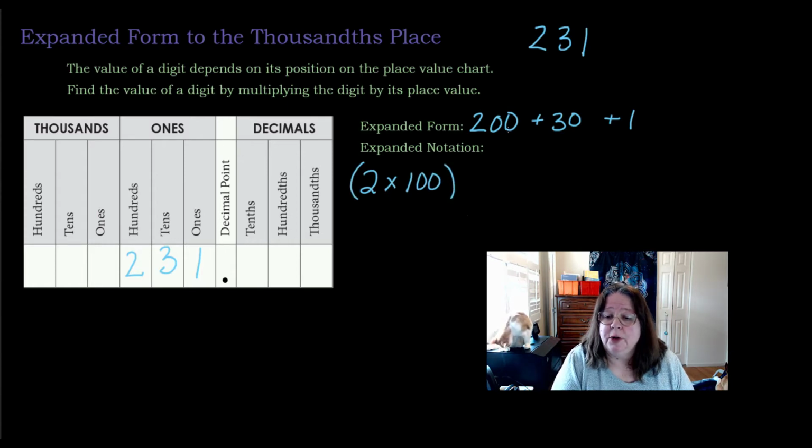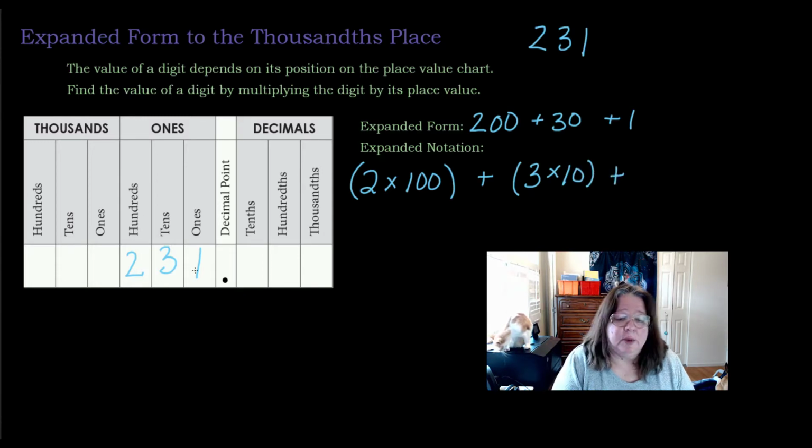So we broke that 200 up into 2 times 100. Then we put our plus sign. We look at the next digit, the value in the place value chart, 3 tens. Oh, 3 times 10. And for the last one, we could put 1 times 1.